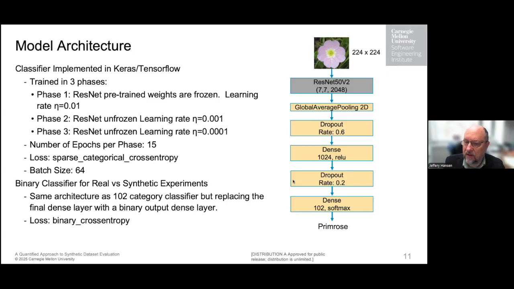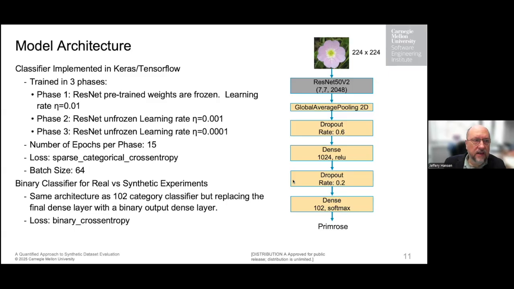In the later phases, we tuned that to get a fairly high quality model. The model takes an image at 224 by 224 and predicts a flower type from that. This was done with sparse categorical cross entropy as the loss function.